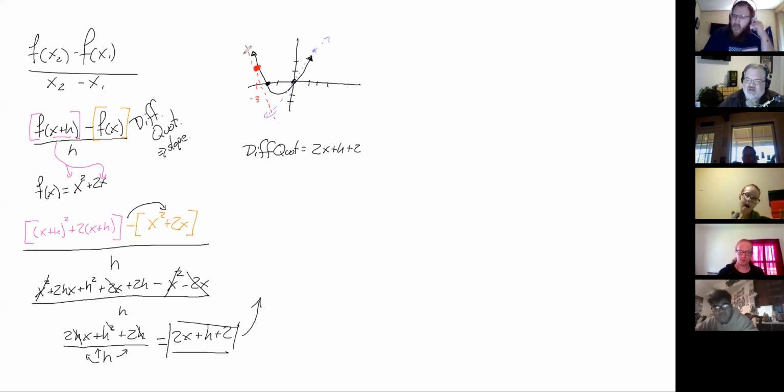So say we wanted to find the slope of this tangent line at that point, or the instantaneous rate of change at x equals negative 3.